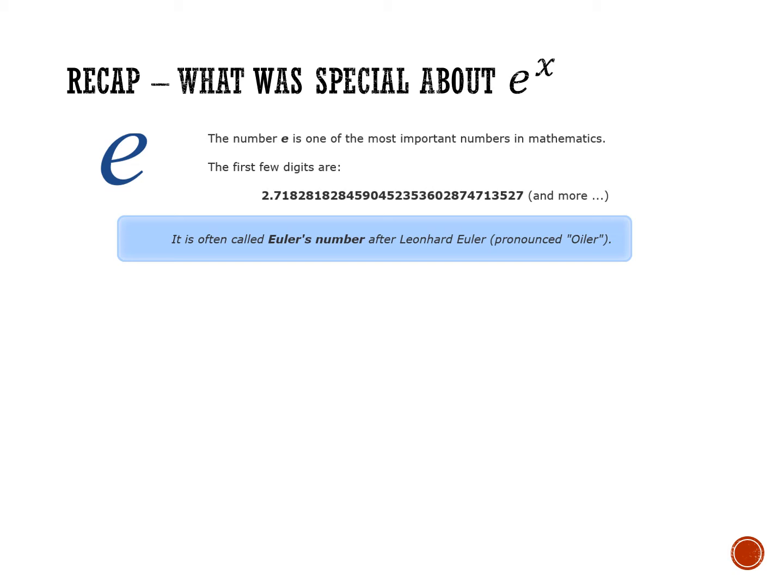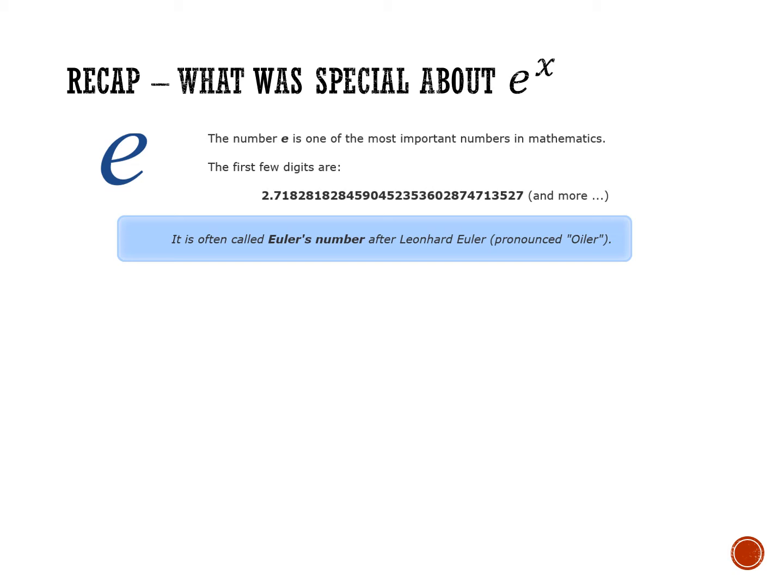The mathematician Leonhard Euler came up with this number, and found when he was investigating things within nature, things to do with exponential growth and decay, that they tended to grow and decay at this rate, with this being the base number for the exponential function. So it is a very, very important number.